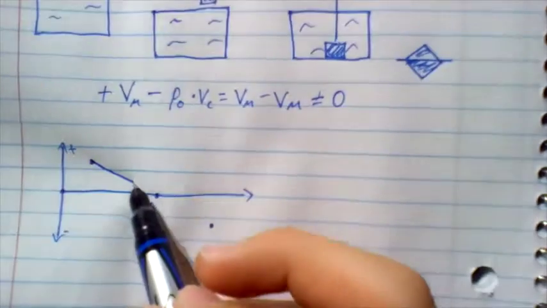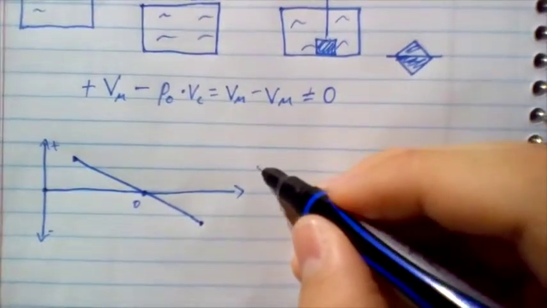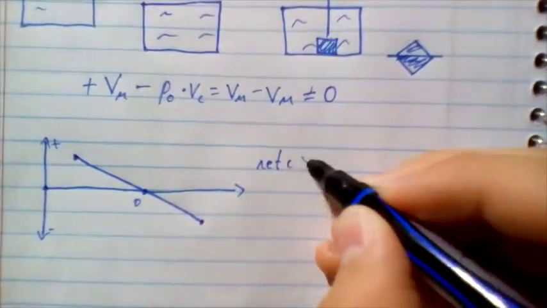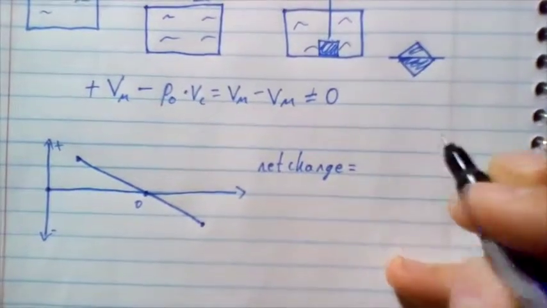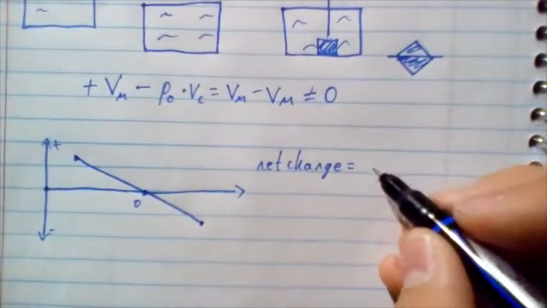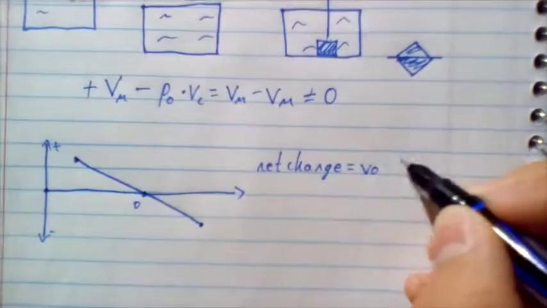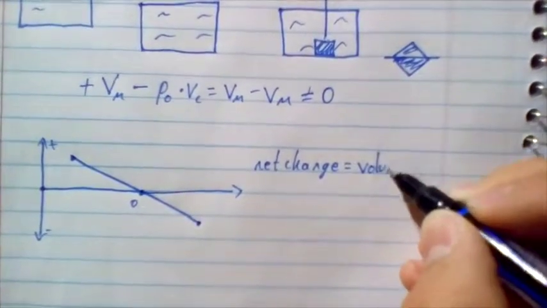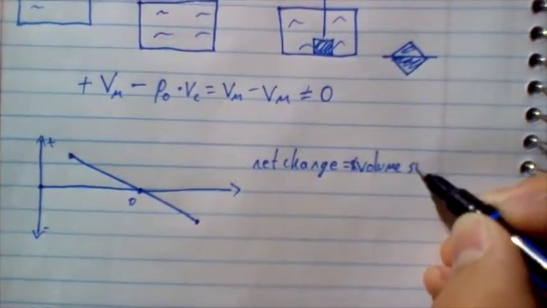And so all these will lie on a line. And we can define this net change in the water level as being equal to the percentage of the volume that is submerged.